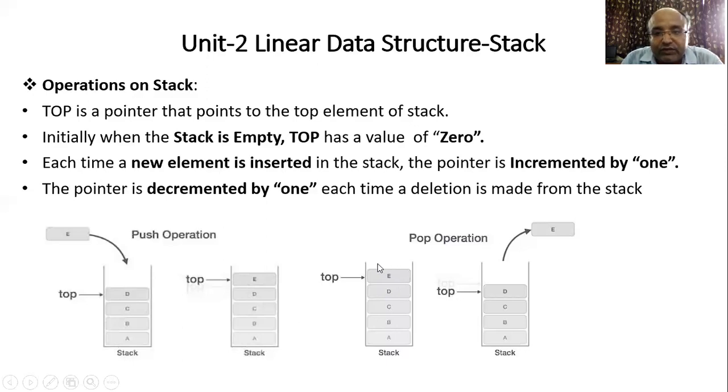Once you remove it from the stack, top should point to D. If you observe this figure, after the deletion operation top points to D, and for that we have to decrement it by 1 when we perform a deletion. So this is about all the basic operations.